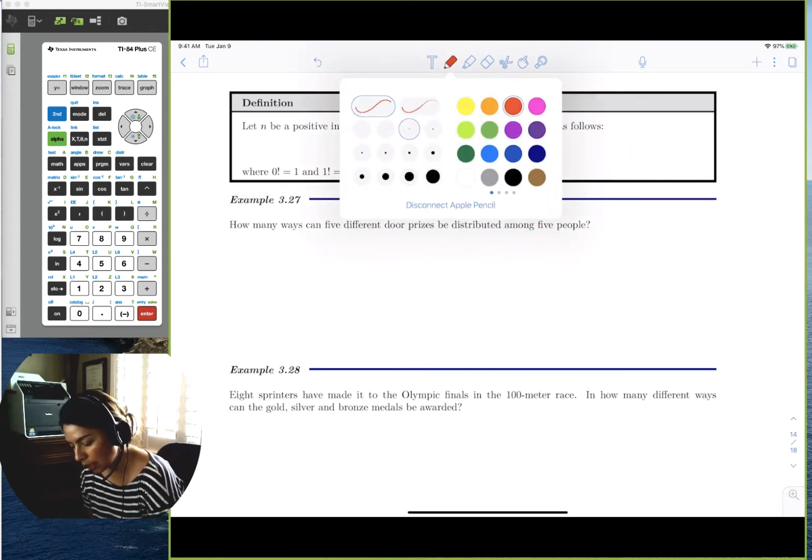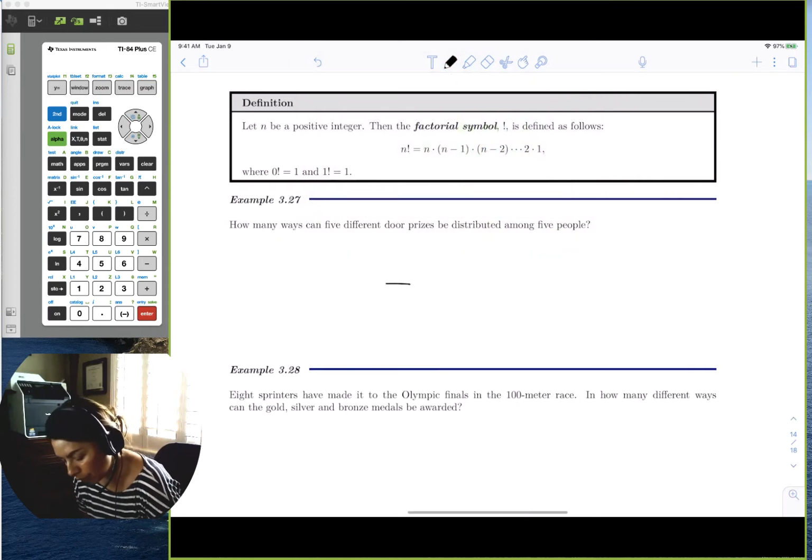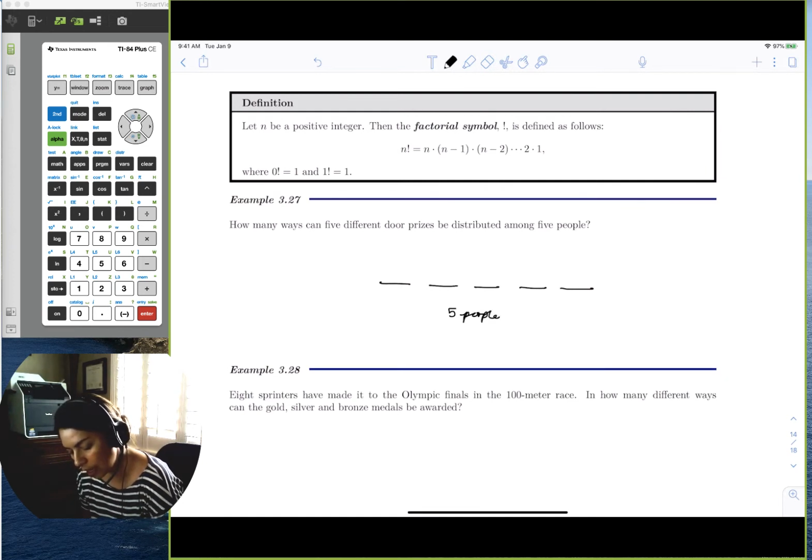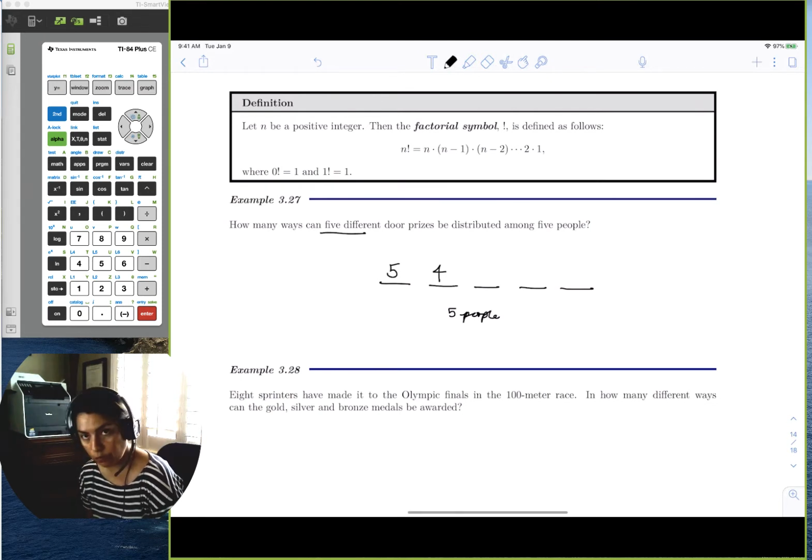If I said, how many ways can 5 different door prizes be distributed among 5 people? So once again, I have 5 people, and if I have 5 different door prizes, that first person has 5 choices. But the second person only has 4 choices for the prize, and then 3, 2, 1. So what factorial is this?